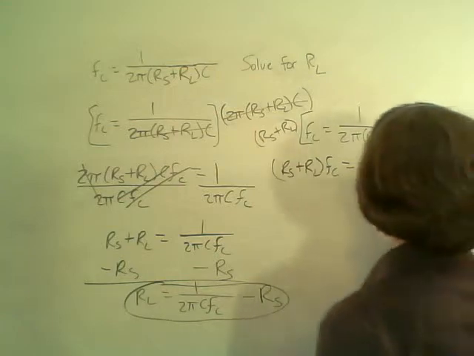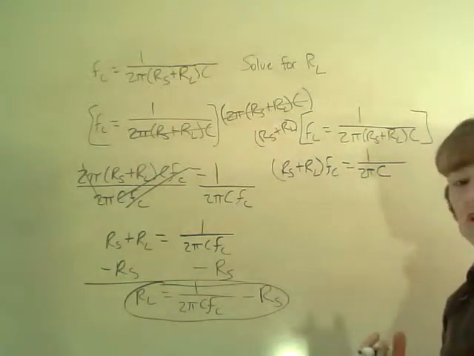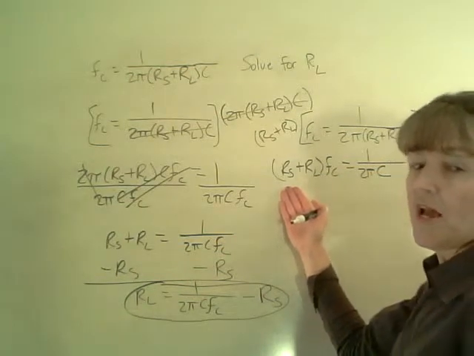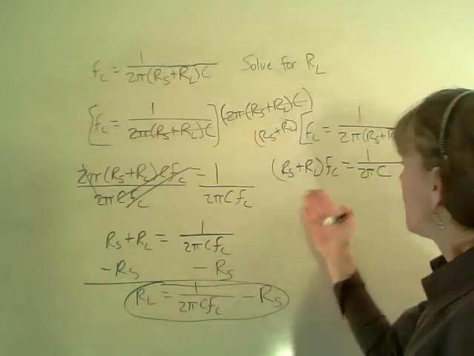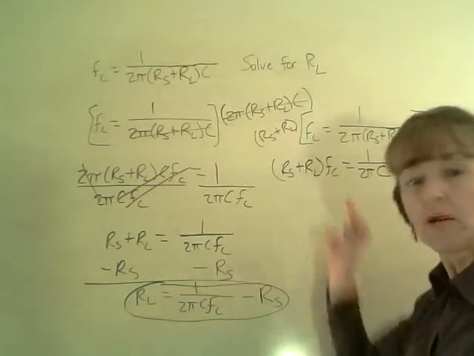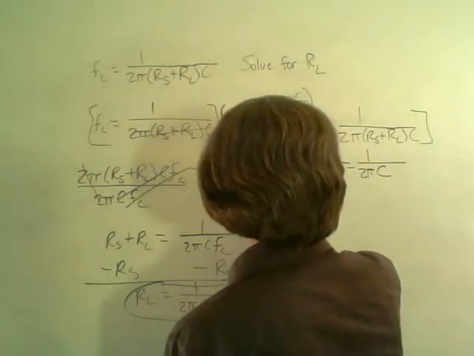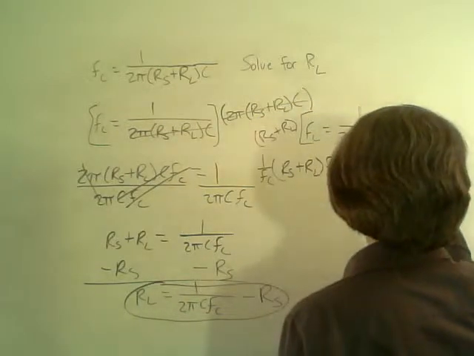All right, well, here I have a choice. I can multiply through by my FC and then separate my terms, or I can go ahead and move the FC. I'm going to go ahead and move the FC, so I'm going to multiply by 1 over FC to move it.